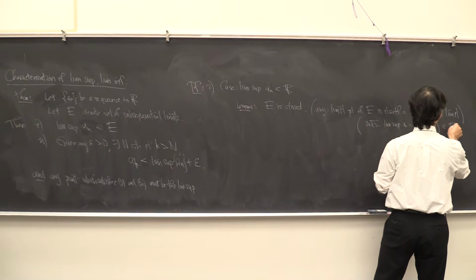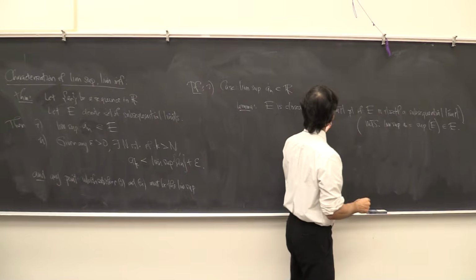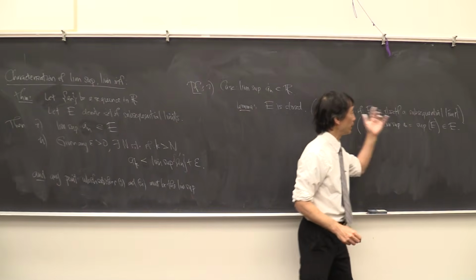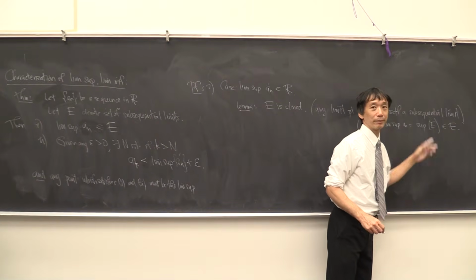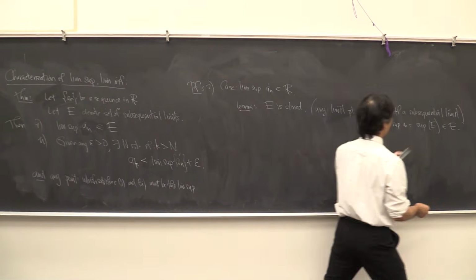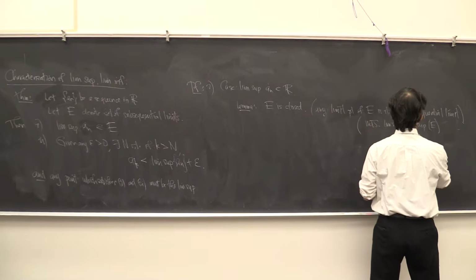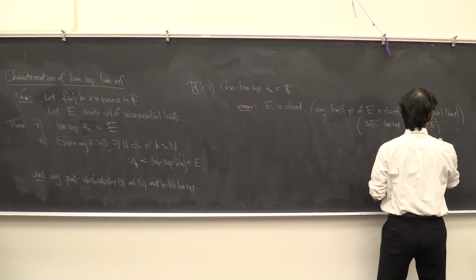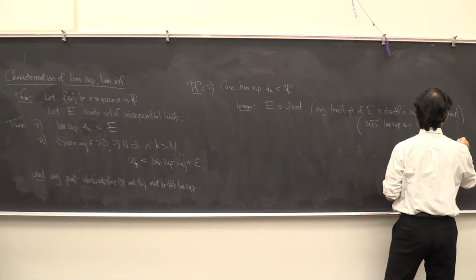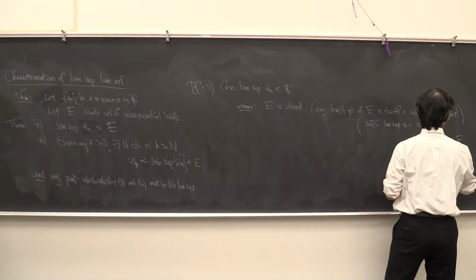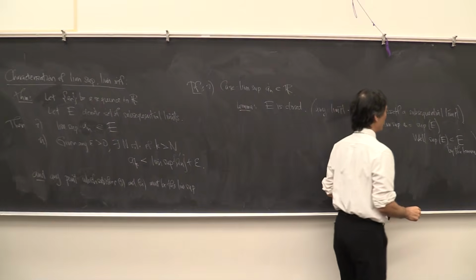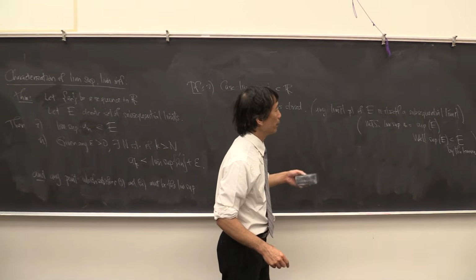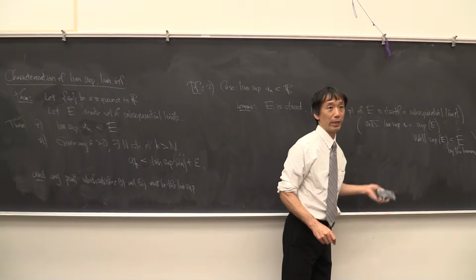So this is going to be E. Once we show that E is closed, then the supremum being a limit point is going to be inside E. Right, it's either in E or it's a limit point of E.